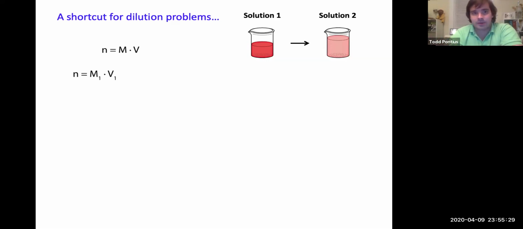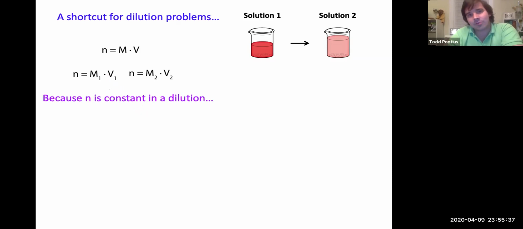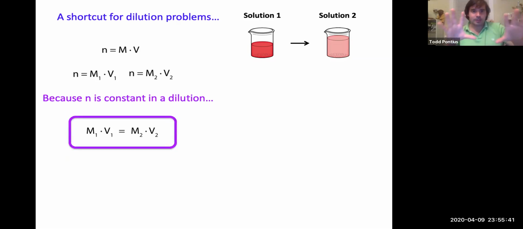If you dilute it, then the number of moles remains consistent. You will, however, have a new molarity and a new volume. So now, because n is constant, we can set these equal to each other, and we get the dilution equation: M1V1 equals M2V2.